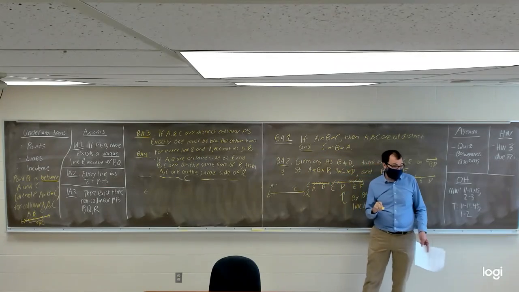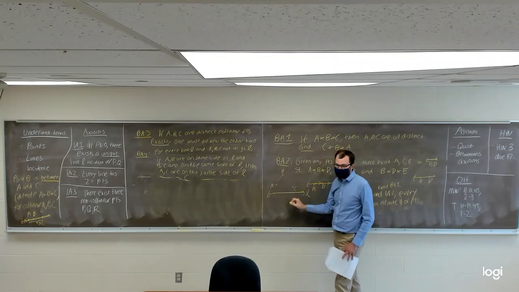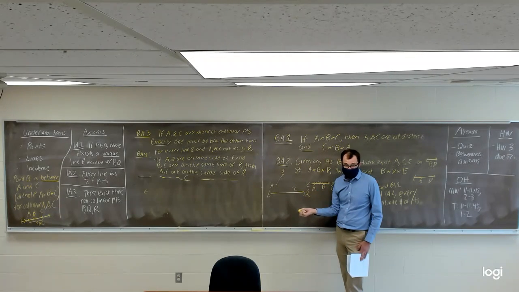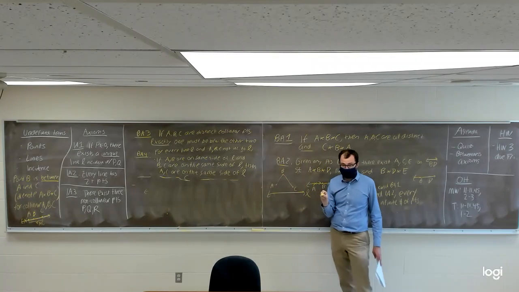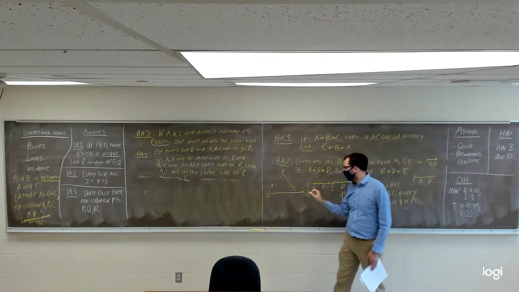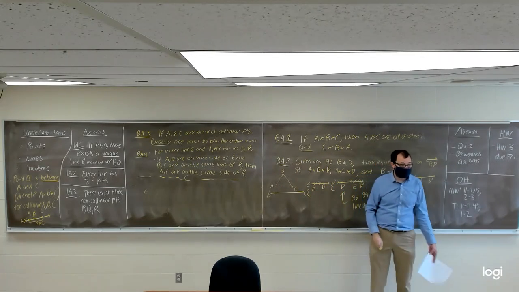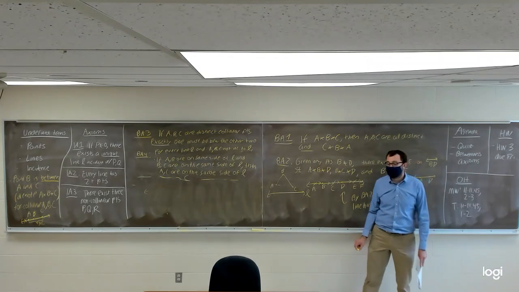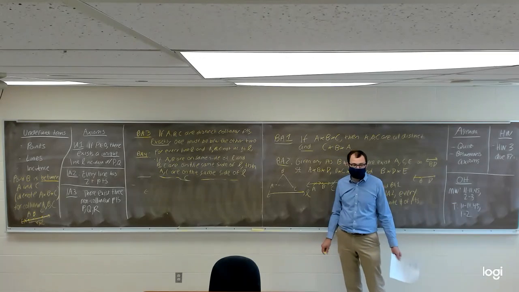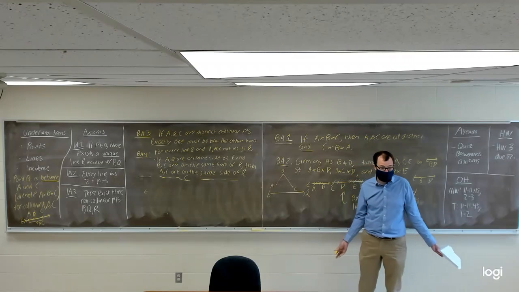Basically, what we're saying here is that if you take the line segment from A to B, and that doesn't intersect L at all, and if the line segment from B to C also doesn't intersect L at all, then the segment from A to C also cannot possibly intersect the line L. Something that may feel intuitively obvious. Yeah, duh, A and B are on the same side and B and C are on the same side, then A and C have to be on the same side.